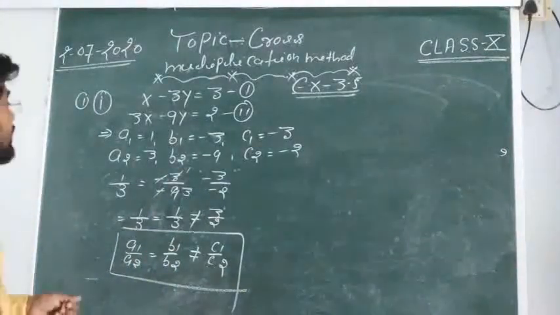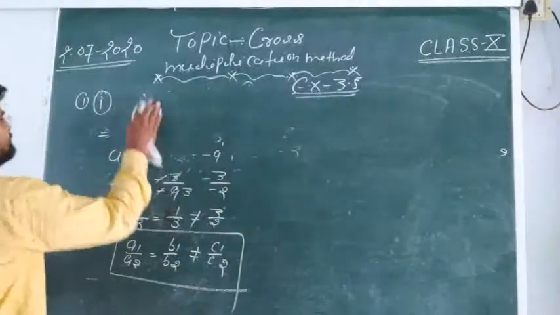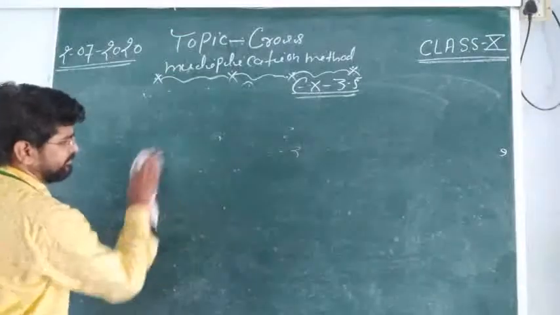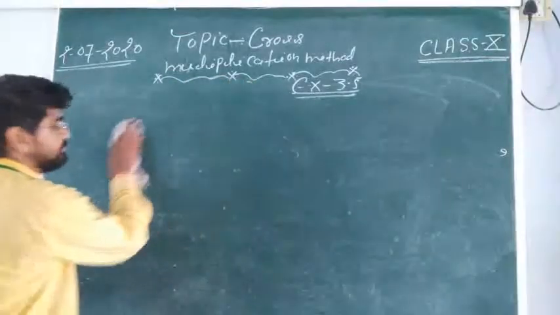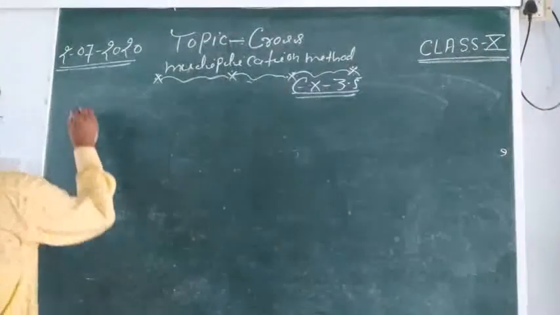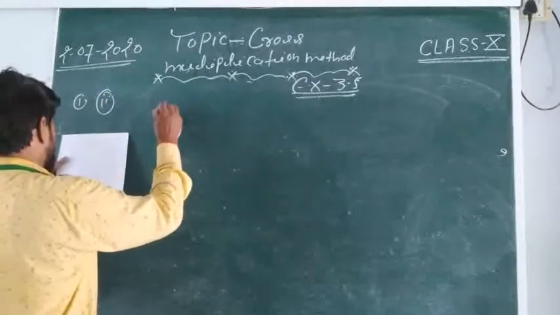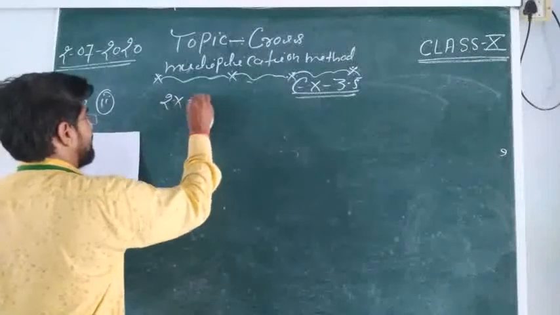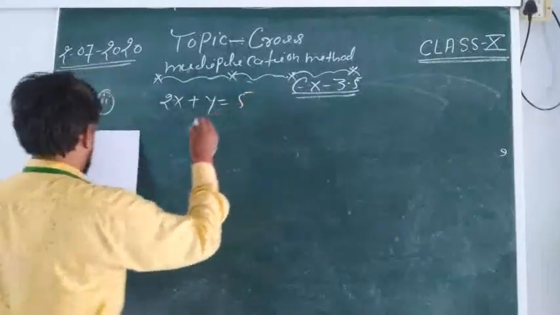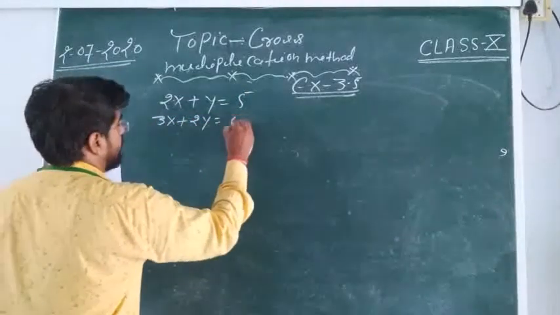Okay, now see the second part of question number 1. The equations are 2x plus y is equal to 5, and 3x plus 2y is equal to 8.